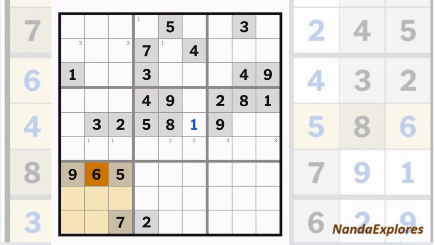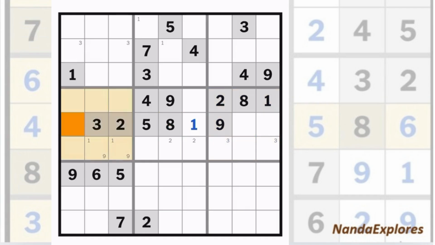Then we go to 6. Go to 7. Go to 8. And we go to 9. So here we get two cells where number 9 is a likely candidate, and because of this we have a 4, 8 here, which will not come here.